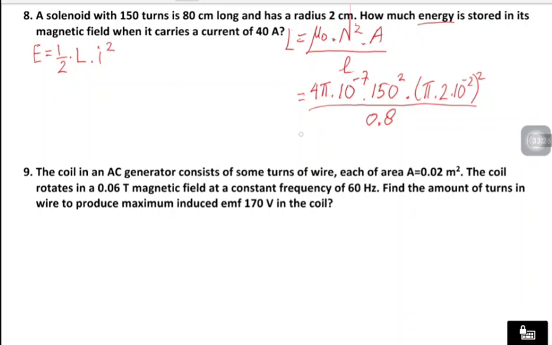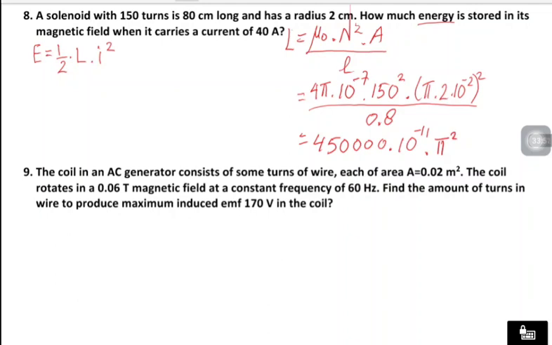So if we use the calculator, we will find 450,000 times 10 to the minus 11 power times pi square.